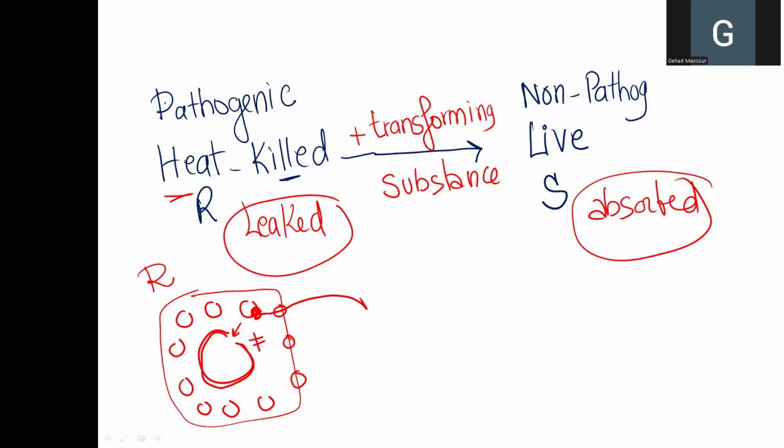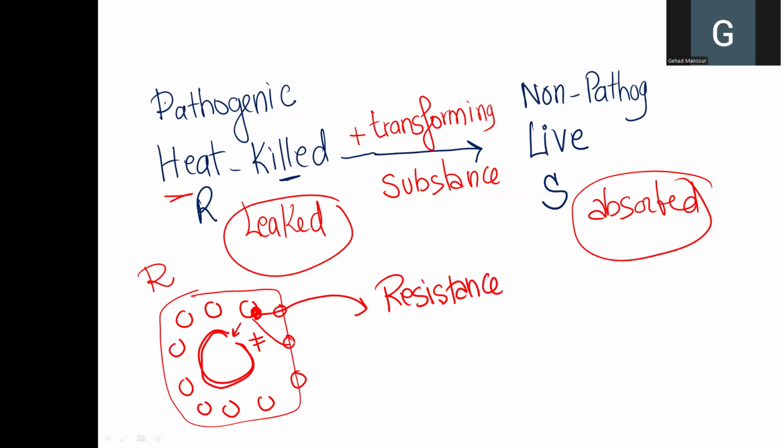And one of the most important genes that will be mentioned frequently in genetic engineering is the presence of the resistance genes, resistance against antibiotics.